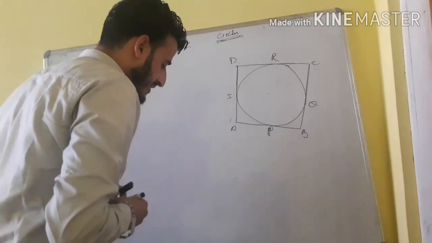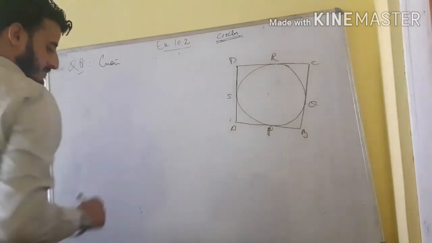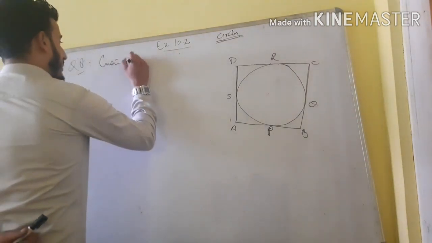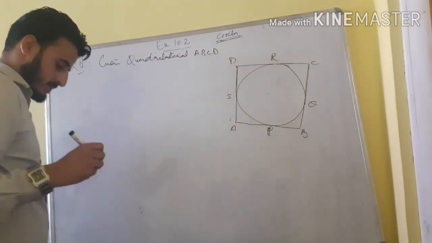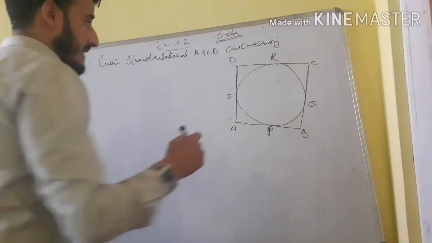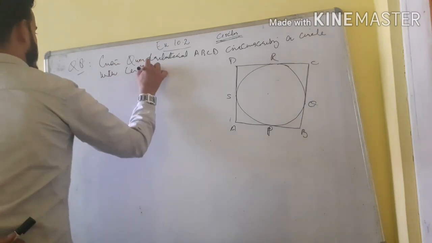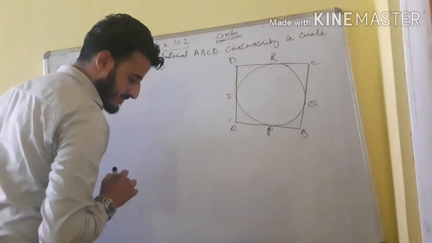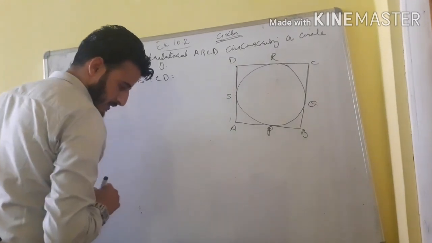Now, what we need to prove, given question number 8: given a quadrilateral ABCD circumscribing a circle with center O. To prove, what we need to prove is AB plus CD is equal to AD plus BC.